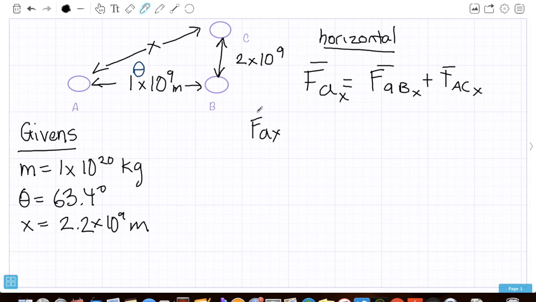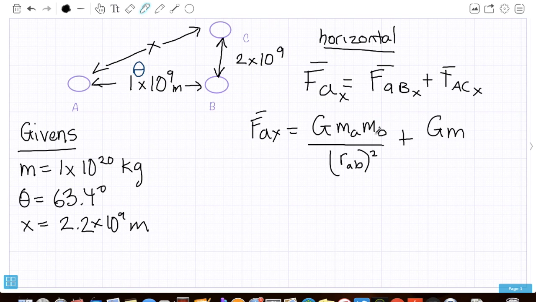F_A,x is equal to, well, between A and B, we can use Newton's universal gravitation formula. And then we'll add it to Newton's universal gravitational formula for the masses A and C. What's interesting here is that we need to have solved for x in order to do this problem, because A and C are x distance apart.